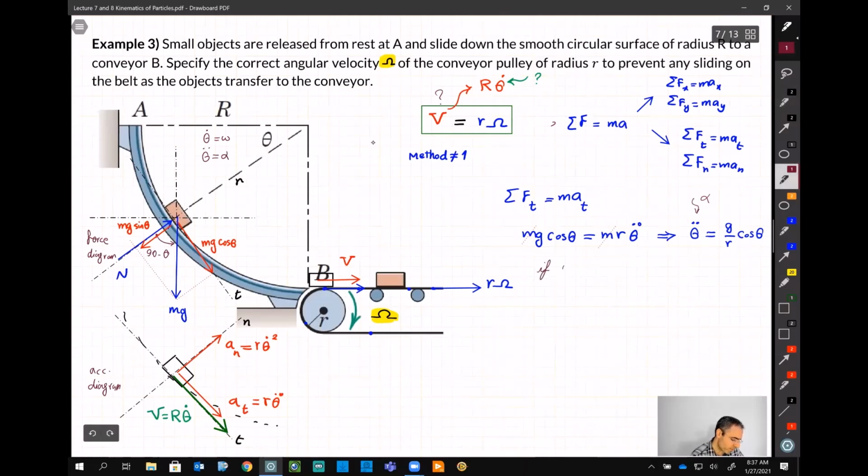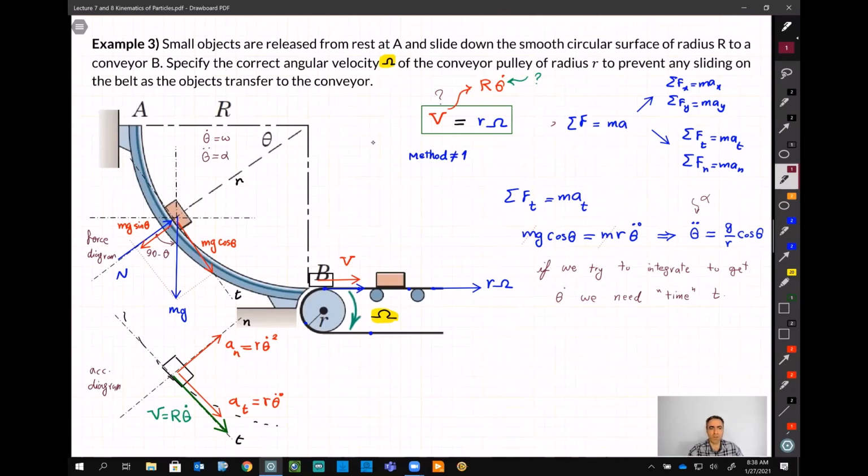If we try to integrate to get theta dot, we need time, t.